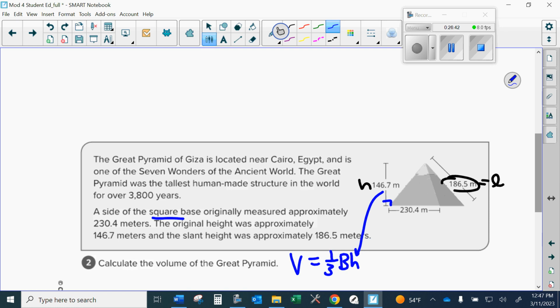Yes, square right there. A side is 230.4, so it would be 1/3, and then side squared, 230.4 squared times the height, which is 146.7. That'd be the approximate volume right there.